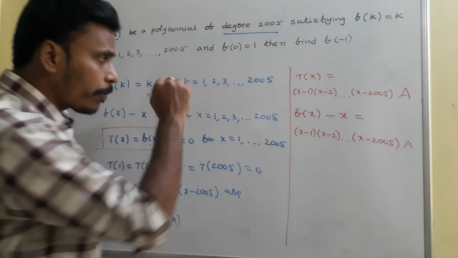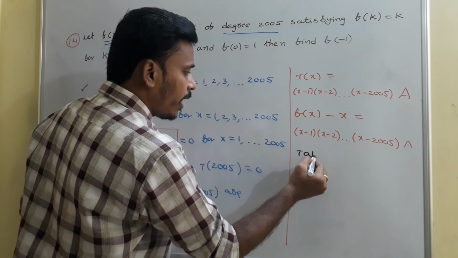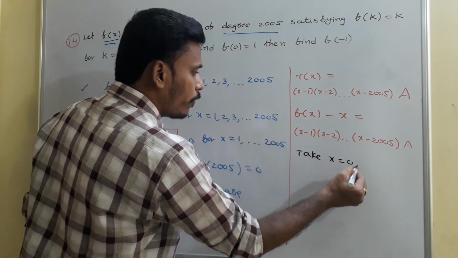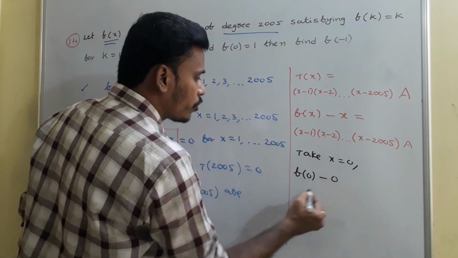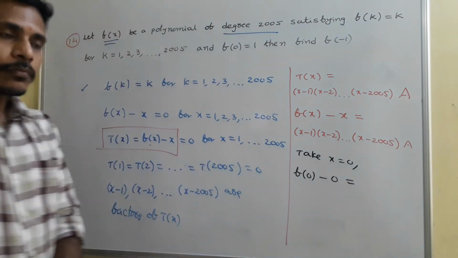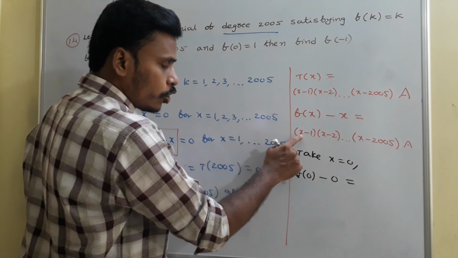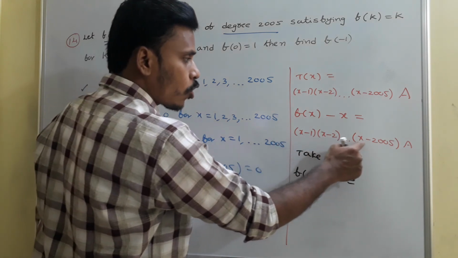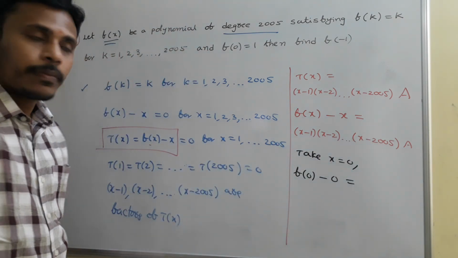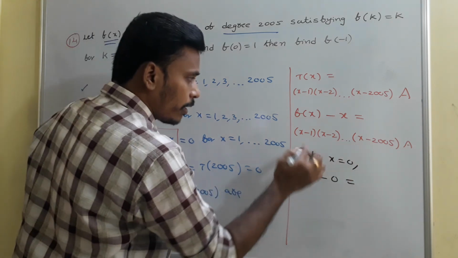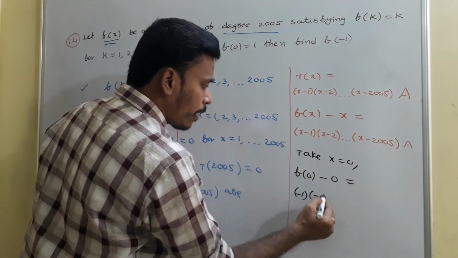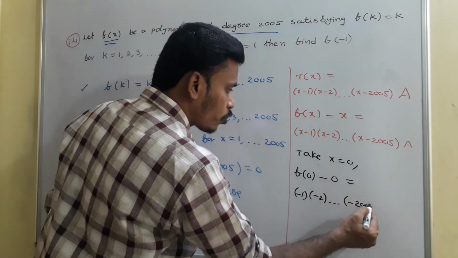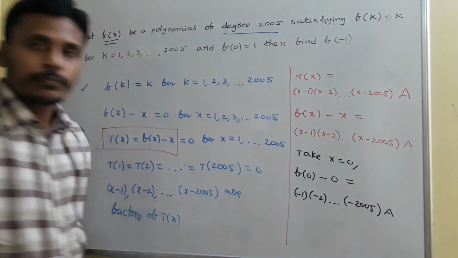Take x equals 0. f of 0 minus 0 equals 0 minus 1, 0 minus 2 and so on, 0 minus 2005. So all these numbers are simply minus 1, minus 2, and so on, minus 2005, into a.